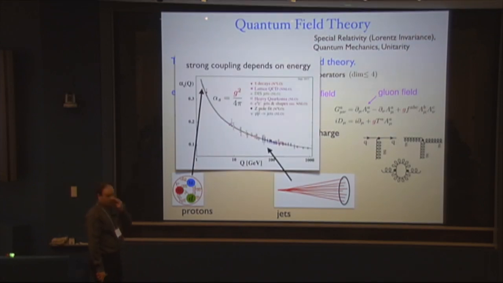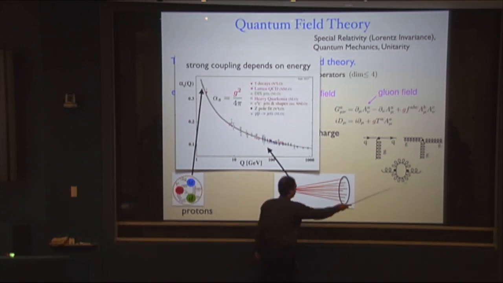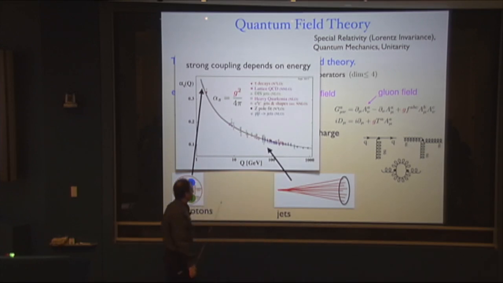And there's one other thing about the strong force that I have to mention, and that is that although it's very strong, so here's the value of the coupling on the y-axis here, it's also a function of energy. Depending on what energy you're probing, because of quantum fluctuations related to diagrams like this, the strong force actually changes its strength.